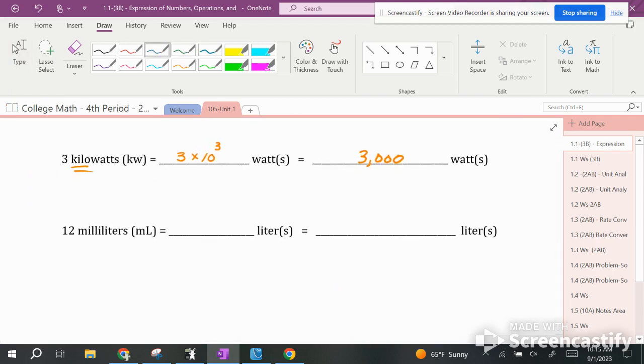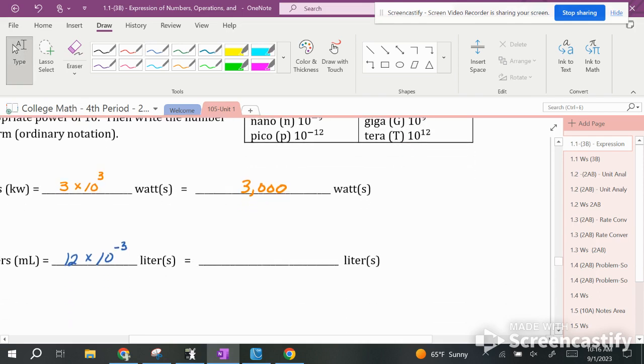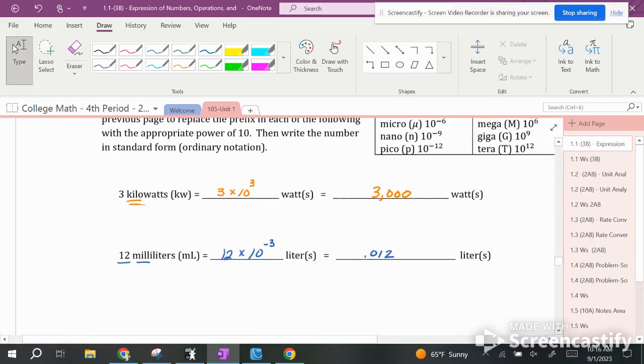Okay, what about 12 milliliters? So how would I do that in scientific notation? 12 times 10, so milli, good, it's up at -3. Okay, so how many liters is that? Okay, so we move that 3 paces, 3 paces to the left. So that's 0.012 liters. So technically I'm not writing it in correct scientific notation.